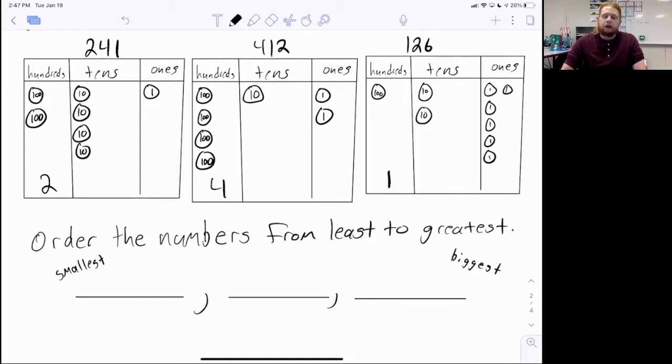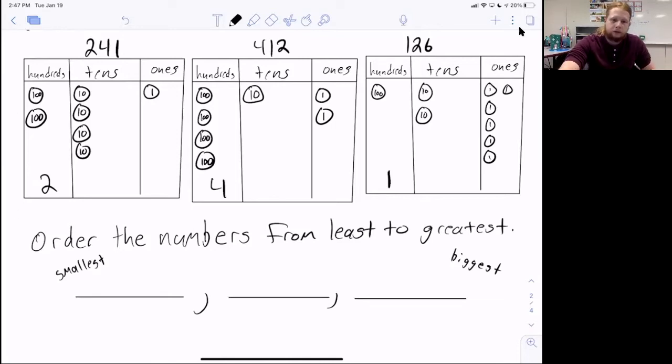No, they're not. And because they're not the same, and this is the biggest part of the number, we can actually compare here. So now what we can do is we can look at the numbers, and the biggest one out of these three numbers will be the biggest number, and the smallest one out of these three will be the smallest.